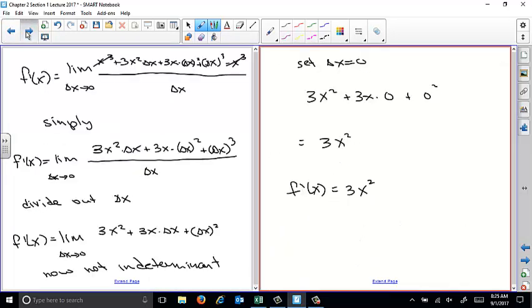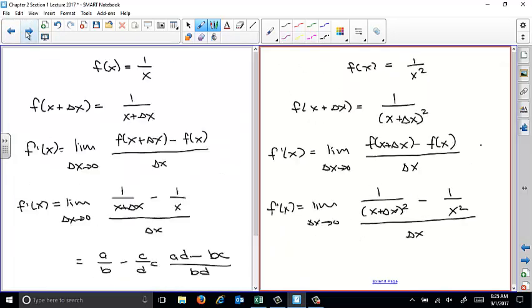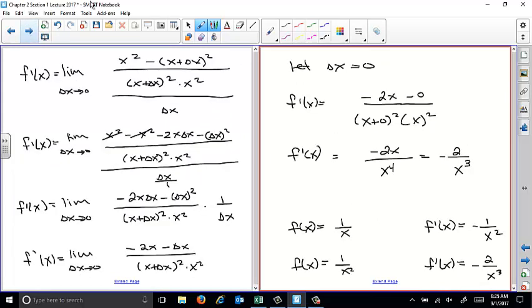Now, here we're doing 1 over x and 1 over x squared. Let's look at that. If I were to rewrite this as x to the minus 1 power and this as x to the minus 2 power, I've just moved it to the numerator and changed the exponent to negative. So if I apply that rule, I take the exponent, which is negative 1, and reduce the exponent by 1, so it becomes negative 2 instead of negative 1.